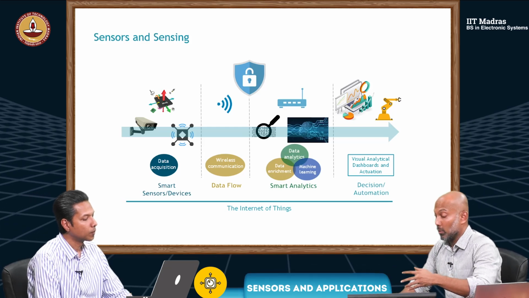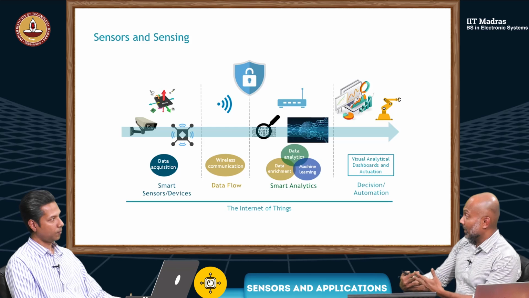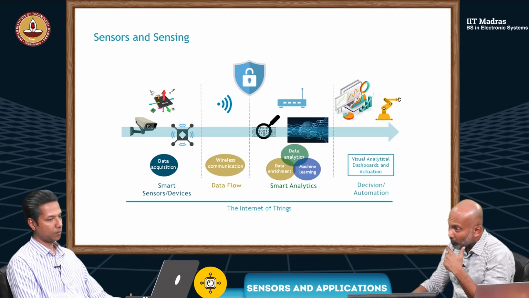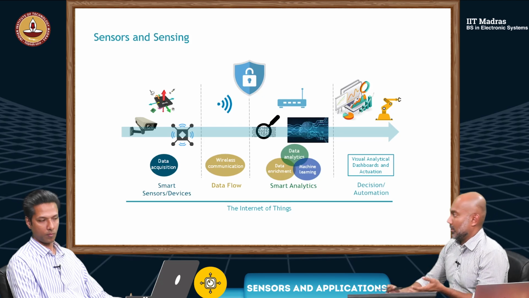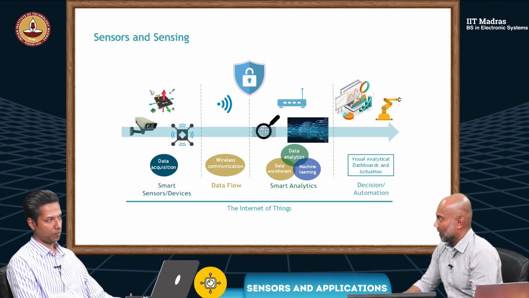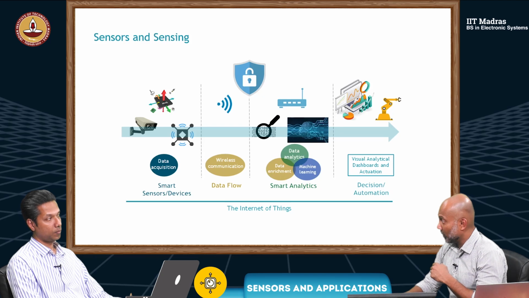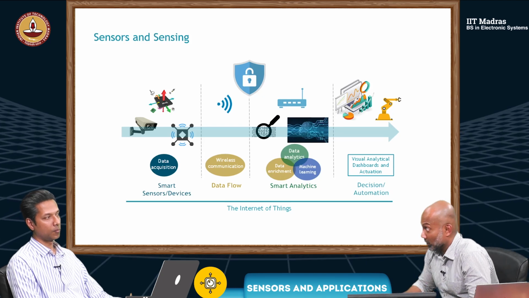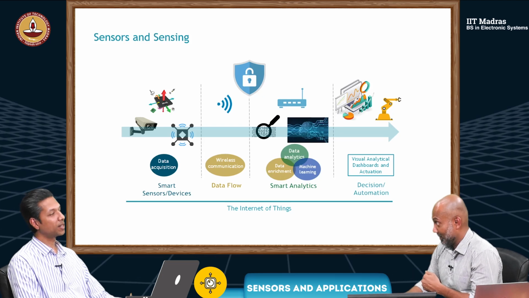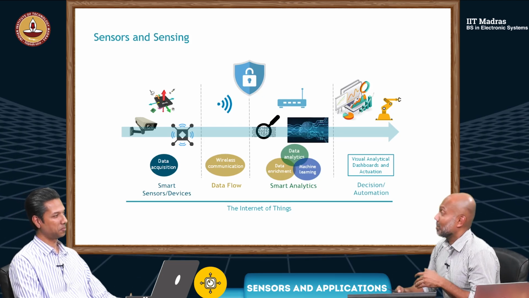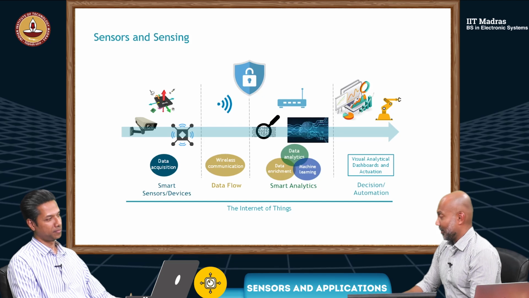Mostly now, these sensors are connected together over the internet, and then you perform some data analytics. For example, with the motor, you can predict when it's going to fail, which means you can predict the maintenance before it fails. So you can do predictive maintenance.